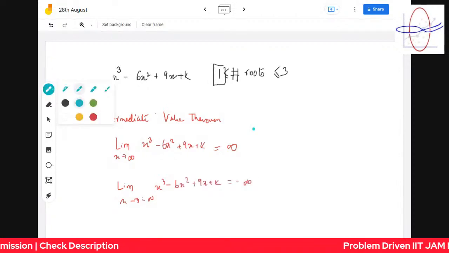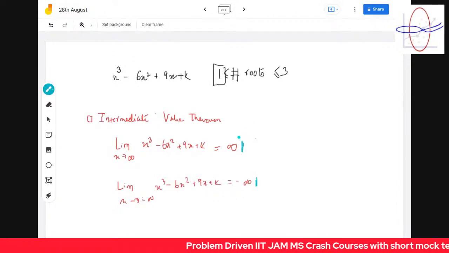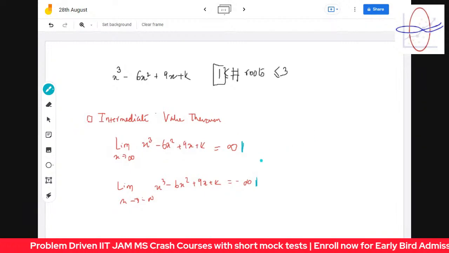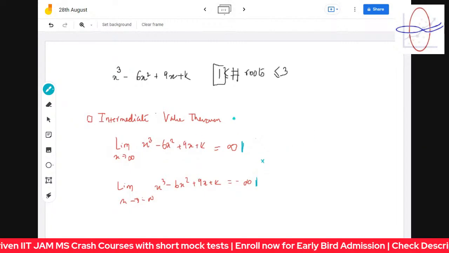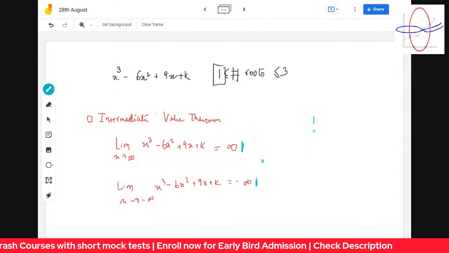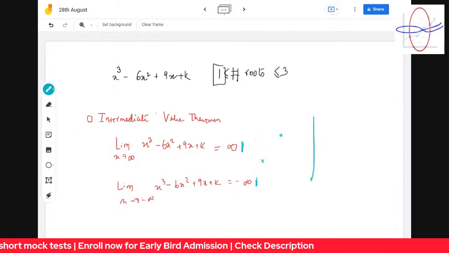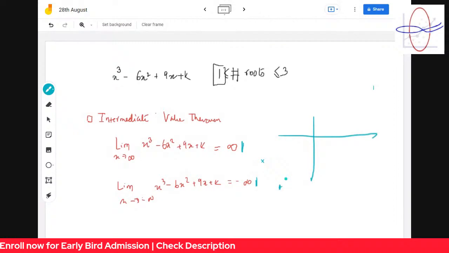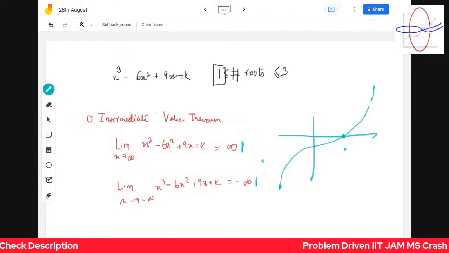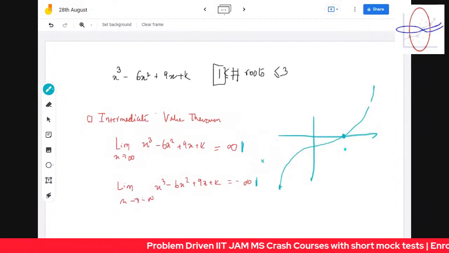Therefore it takes both positive and negative values, so in between it must take at least one 0, because polynomials are continuous functions. So we're using IVT. It's going to plus infinity and minus infinity, so somewhere it will take the value 0. This is an application of exactly IVT, or IVP, whatever you call it.